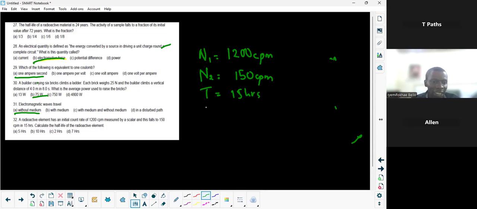Now the question says calculate the half-life of the radioactive element. How do we calculate half-life? There's a formula that I wrote: R equals 2 to the power of n, which also equals N1 over N2.